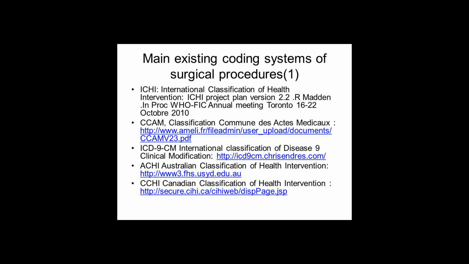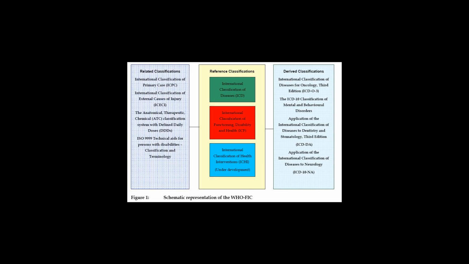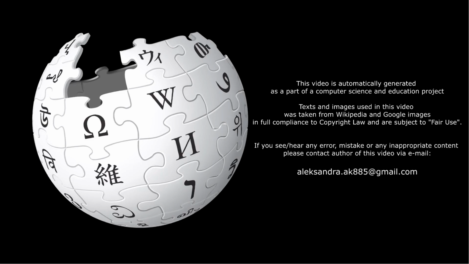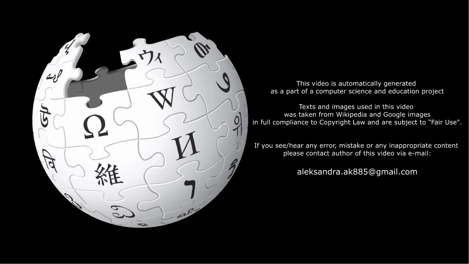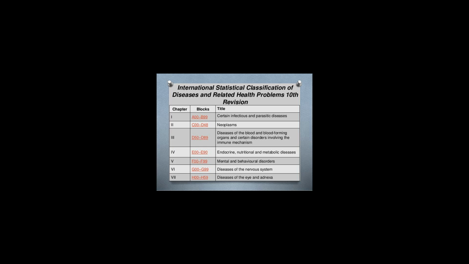The ICPM-DE, the alpha version of which is ICHI, was largely derived from the Australian Classification of Health Interventions, ACHI, a portion of the Australian standard ICD-10, which in turn was largely derived from ICD-10 and the United States extension ICD-9-CM.